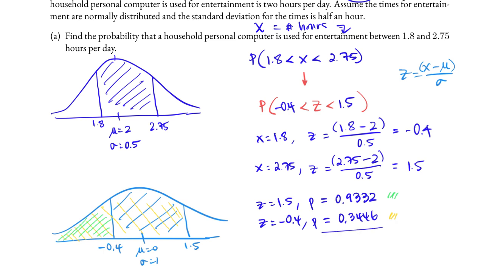To find the area in between, we take 0.9332, subtract 0.3446 to get 0.5886, and that is the probability that we're looking for between the hours 1.8 and 2.75.